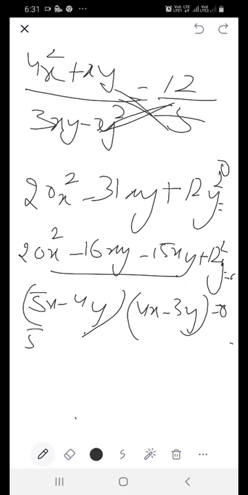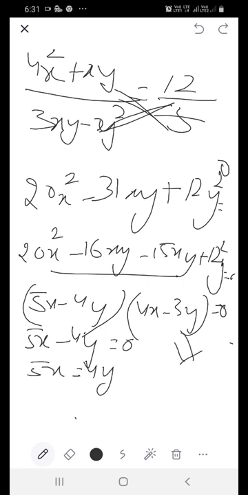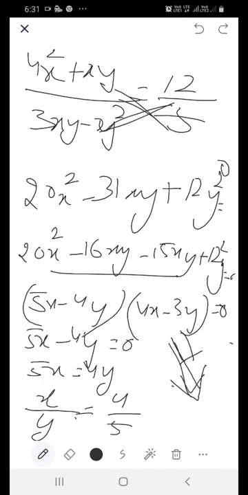When you put the first factor as 0, you are going to get 5x is equal to 4y. Same you have to do for the second. So from here, x upon y is equal to 4 upon 5, and the other value of x upon y you will get from the other factor. So it means x is to y is 4 is to 5.